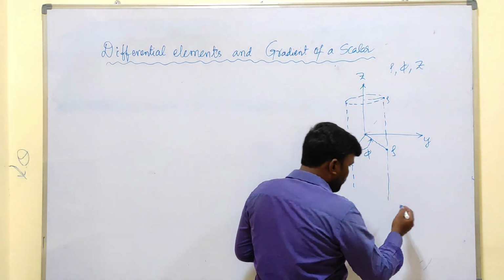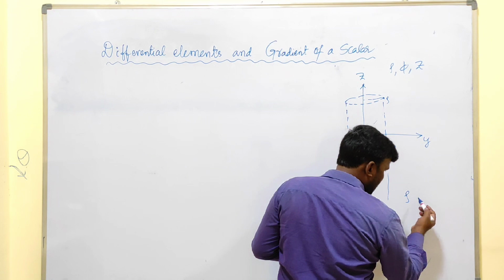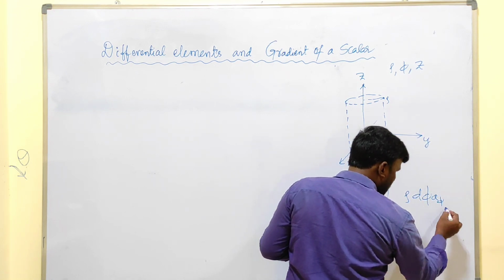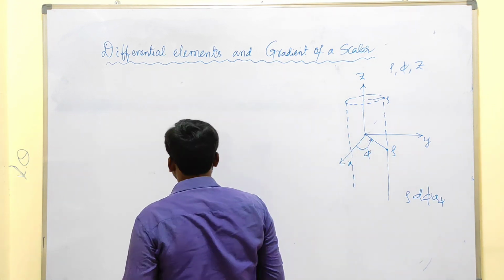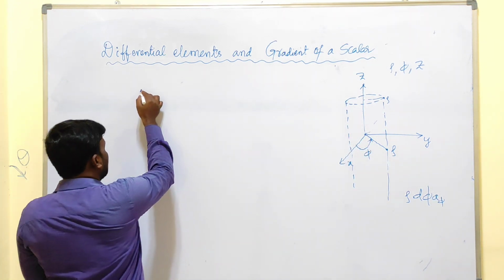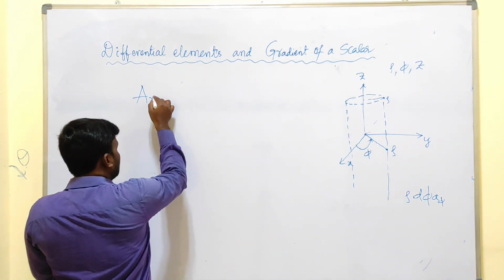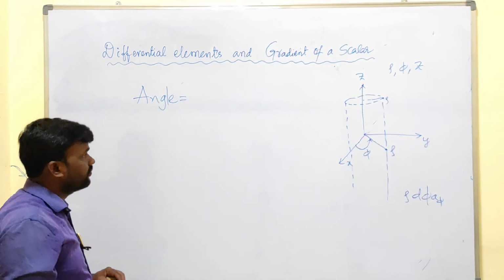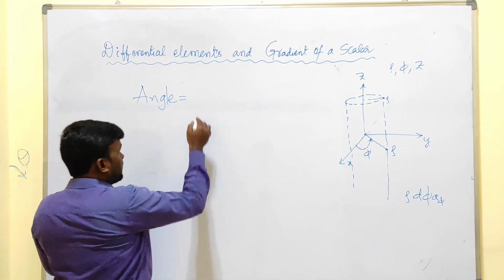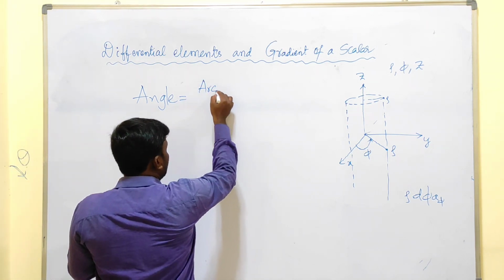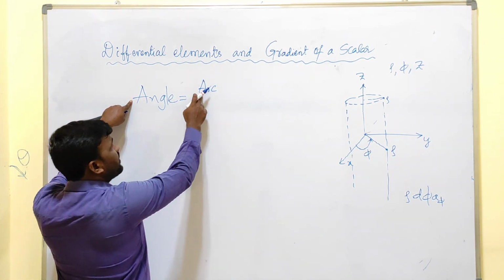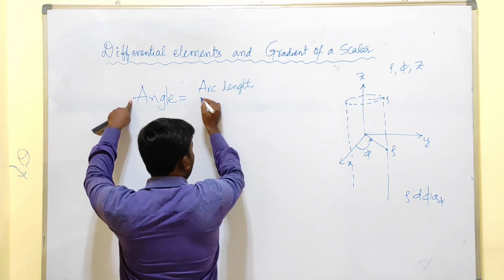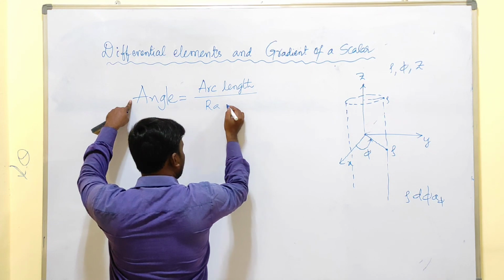Of course, we need to find what? The differential element along the phi direction as rho d phi a phi. This can be obtained from the basic definition of angle. You might have studied in your 10th class that angle is equal to what? Arc length by radius.